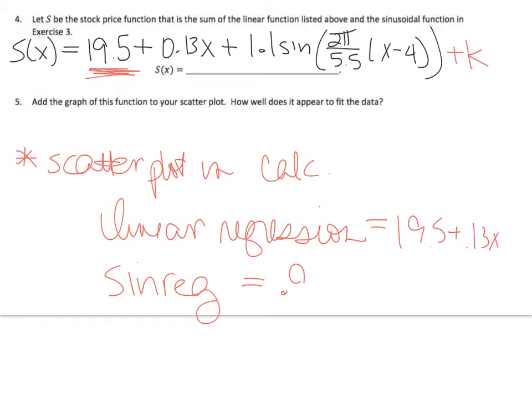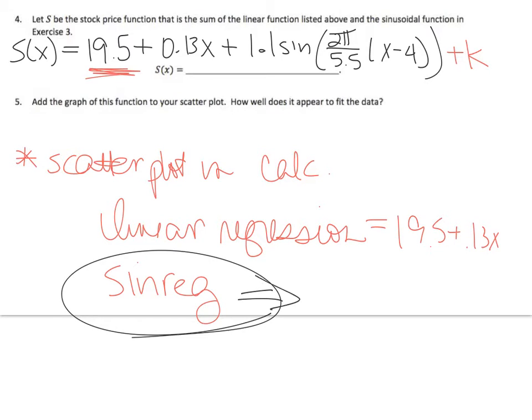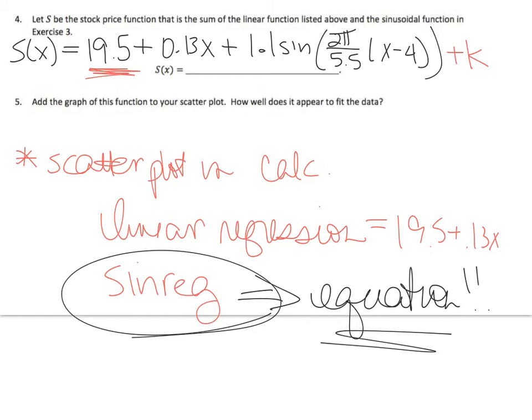I got 0.95 sine 1.03x. You know what? I'm going to give you this one in just a second. But yeah, I put a sine reg in there too and got an equation. So that was really cool, but that's okay.